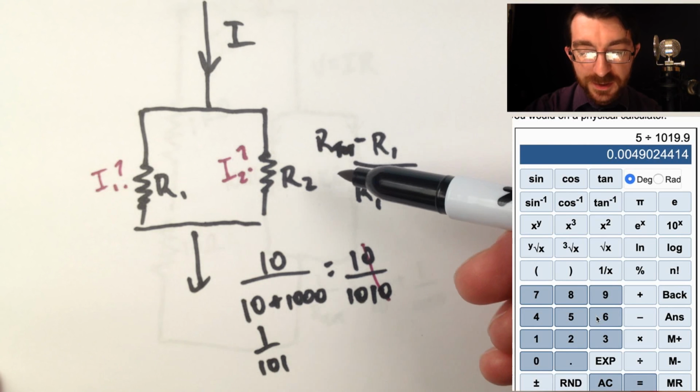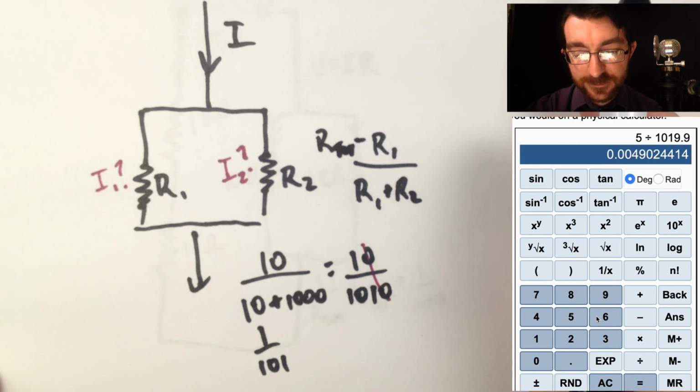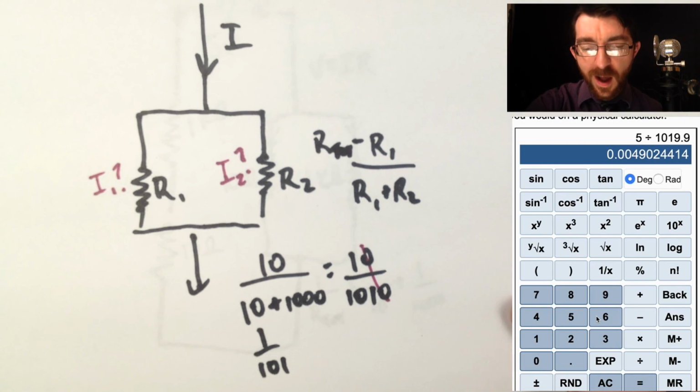That would be like the 101 minus the one that it would get. I think in the case of two resistors, it might be easier just to go for the answer. So I'm going to do that.